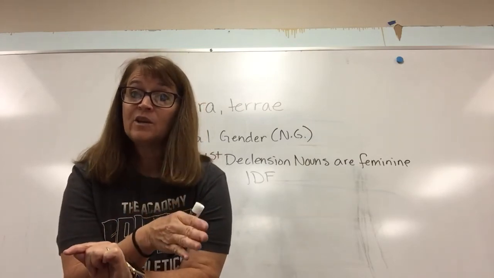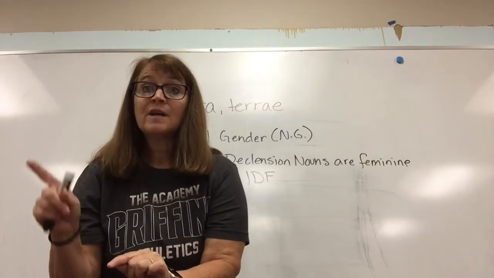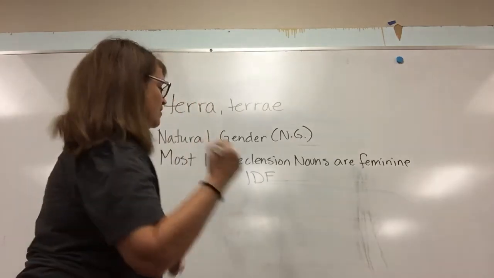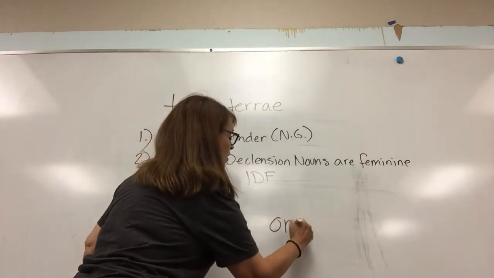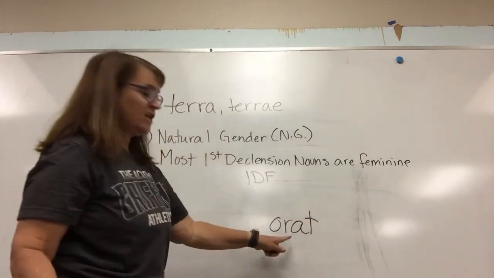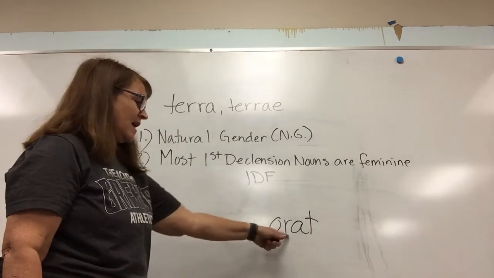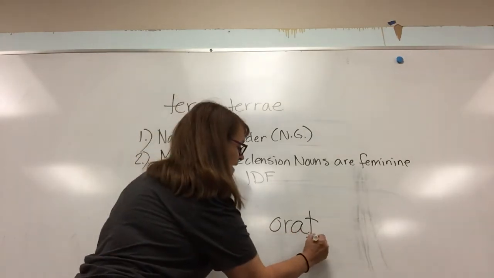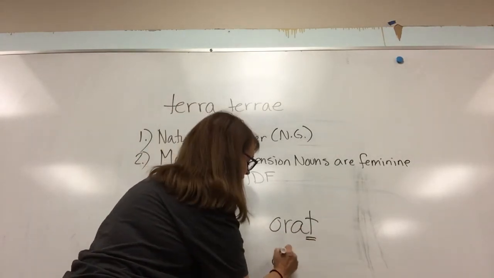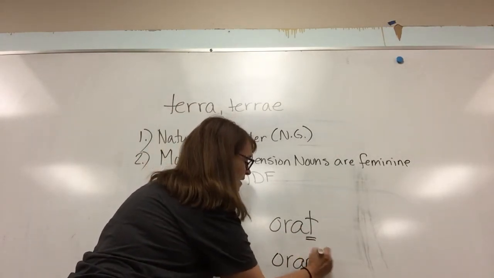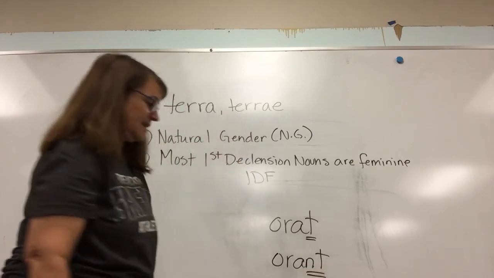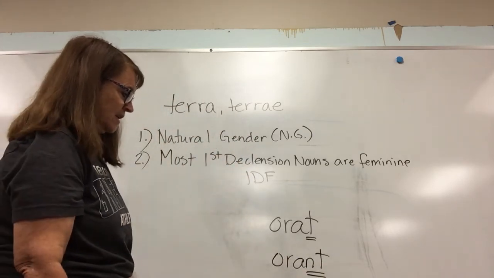If the verb is singular, you are looking for a singular subject. So here's a verb they're going to give you, orat. He, she, or it prays. If you can see this T, that means he, she, or it. Now look at this one, orant. This one ends in NT. That's the plural, third person.